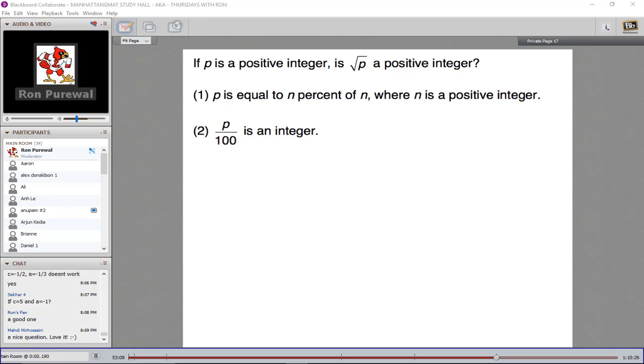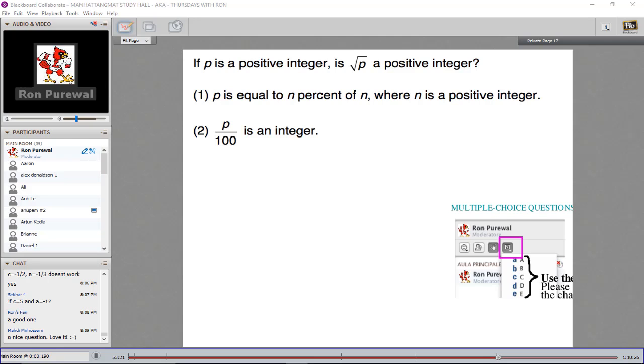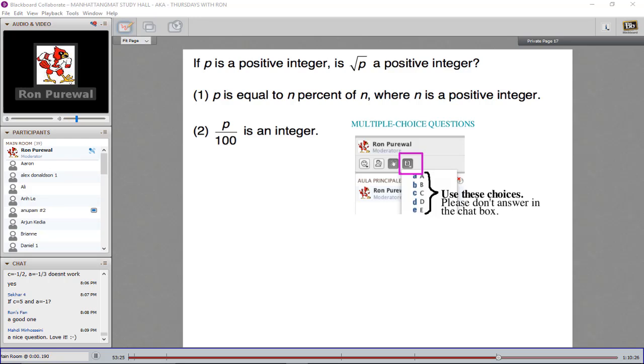Don't forget where the multiple choice answers are found. Those are here. And also it would help you to make that device.